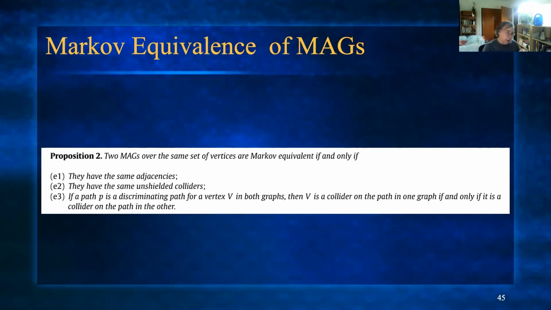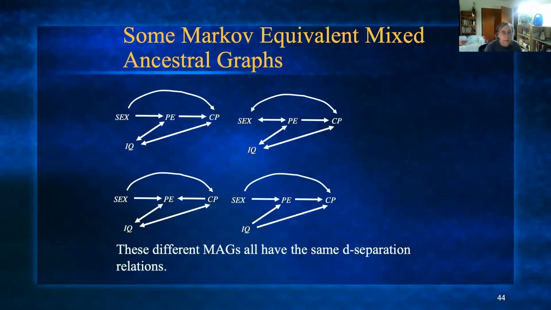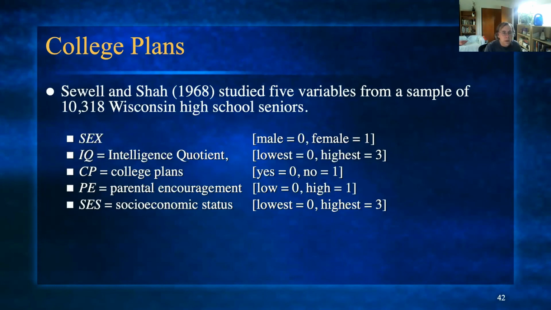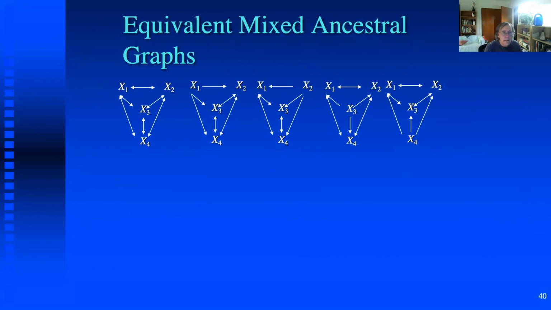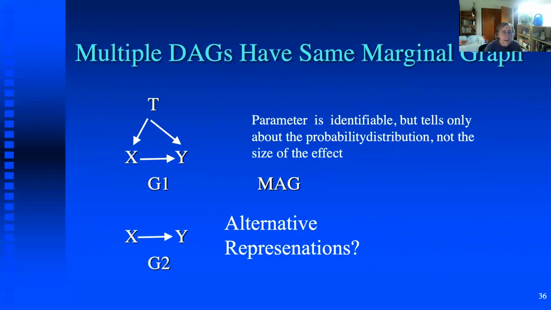But then there's a third condition: if there's a discriminating path for a vertex V in both graphs, then V is a collider on the path in one graph if and only if it is a collider on the path in the other graph.